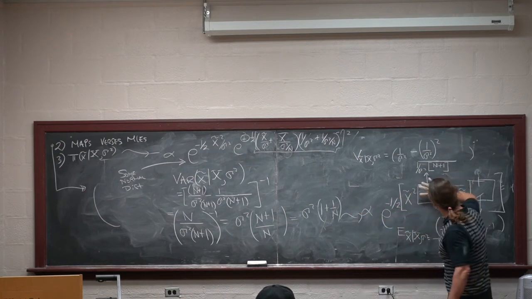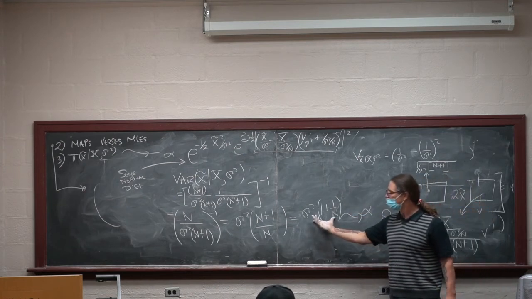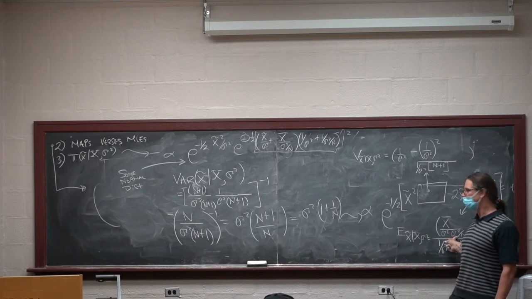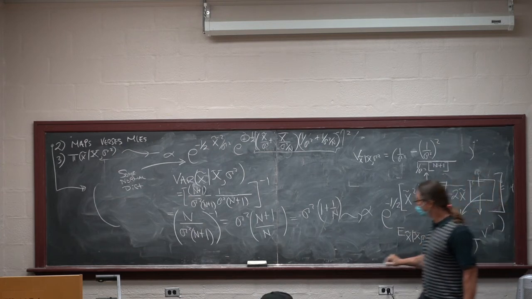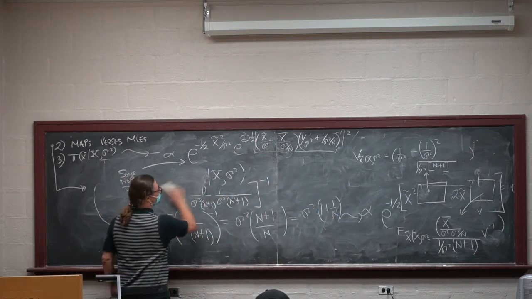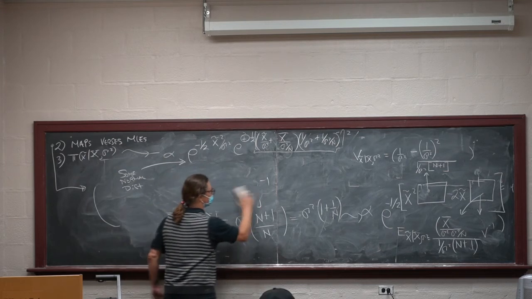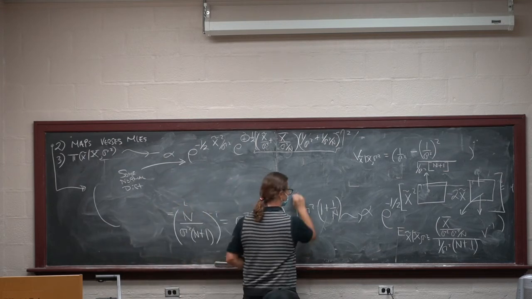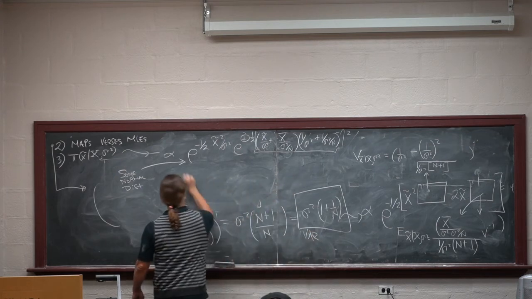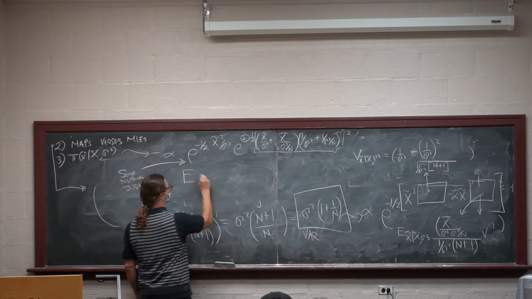So I just wrote this thing down upside down, inverted it, and it turned out to be that. Now let's chew on this. Okay? And I've got to answer your question. So this looks good. Now that we have this, this is our variance. Our expectation, this is what Jenny's asking.